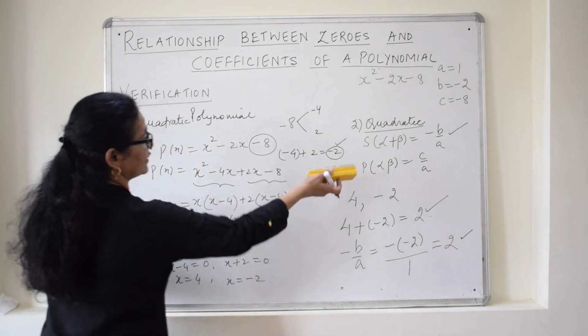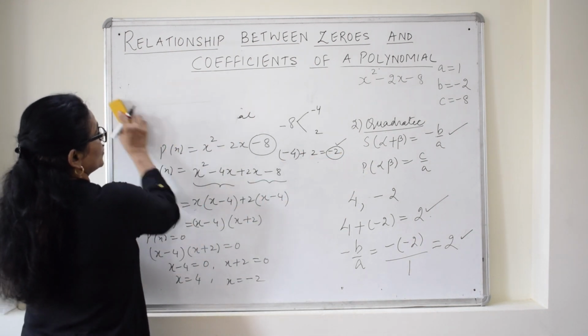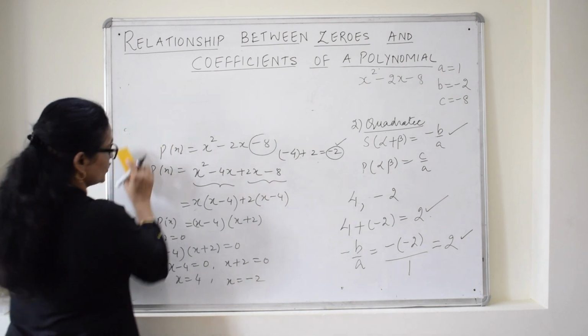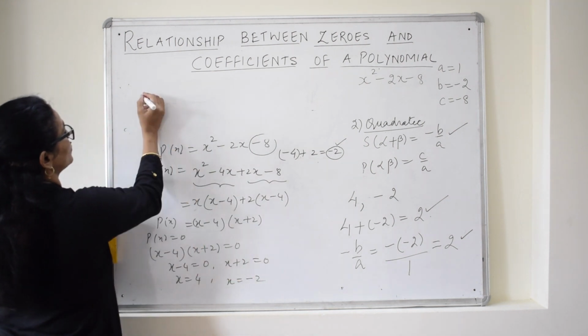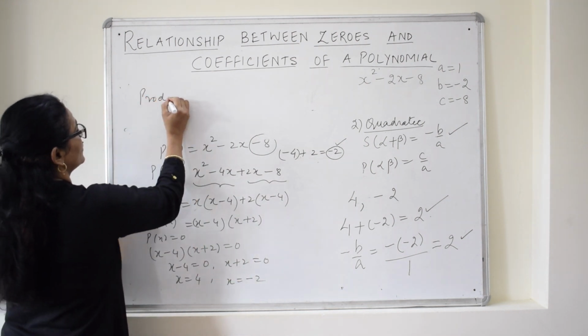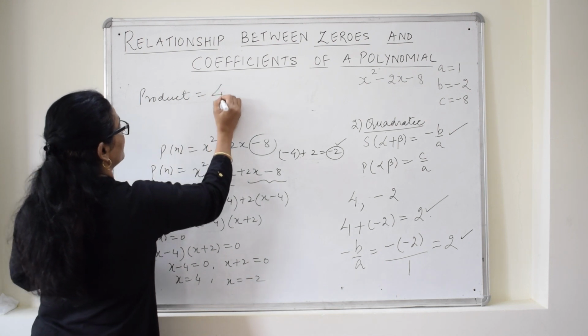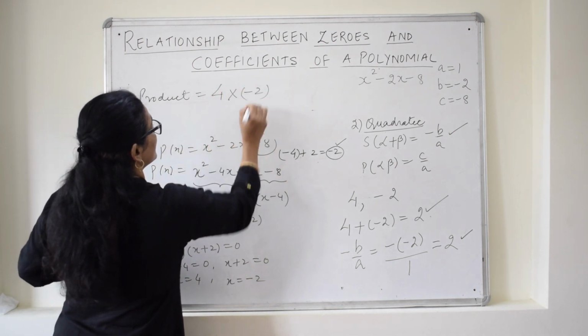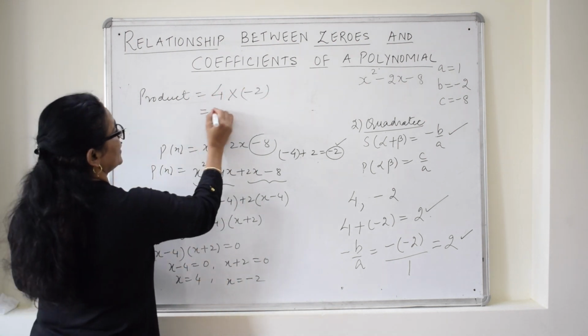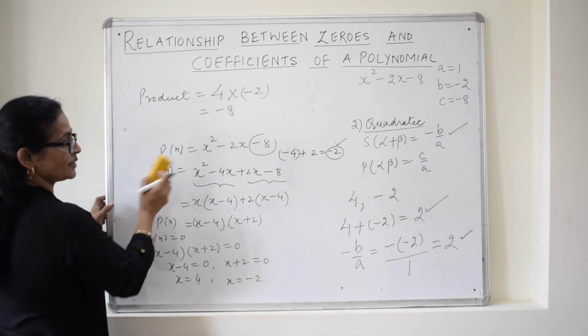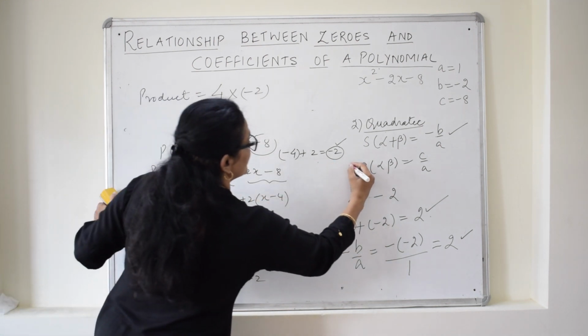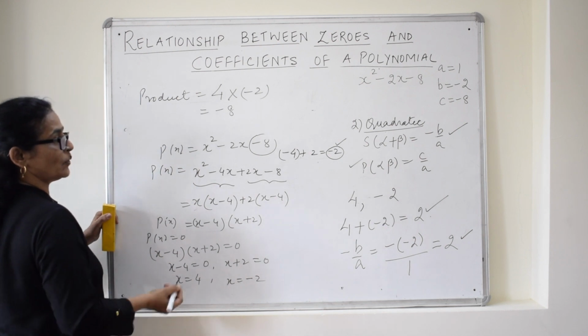Similarly, we can check the product. Here the zeros are 4 and minus 2. So the product of zeros will be 4 into minus 2, and 4 into minus 2 is minus 8. But the relation says it should be c upon a.